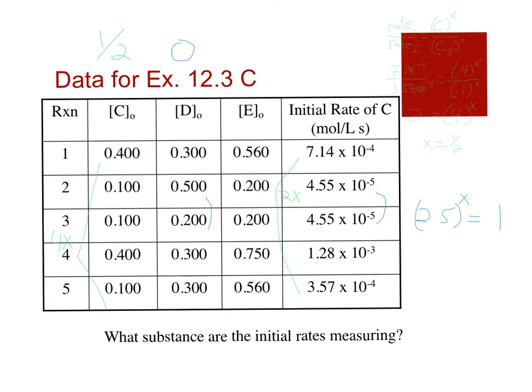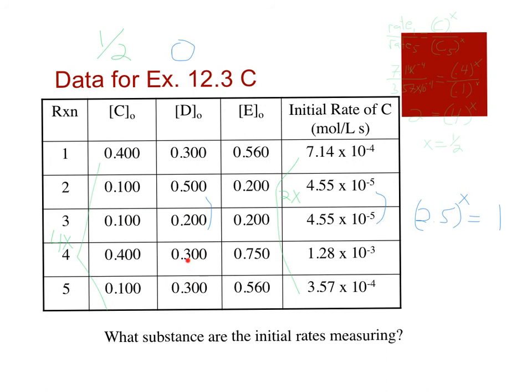Now for E, we need to look at trials 1 and 4. So 1 and 4, I've got C at 0.4 and 0.4. D is 0.3 and 0.3. But actually, it wouldn't matter what D was doing anywhere, because this is not going to affect the rate law. But that's only because we know it's zero order.